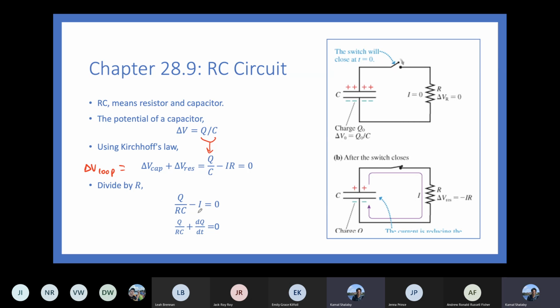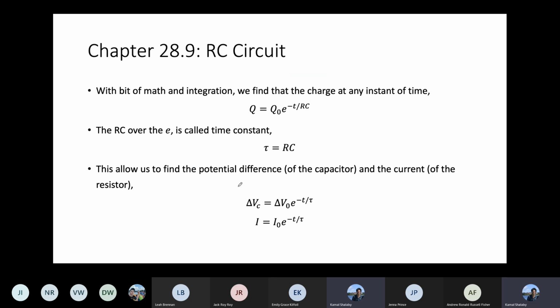Since over time the voltage decreases, the current decreases, and since current is equal to the change of charge over time, and it's decreasing, it's negative. I put that in here, so negative becomes positive, equal to 0. That's not really important. What's more important is this.